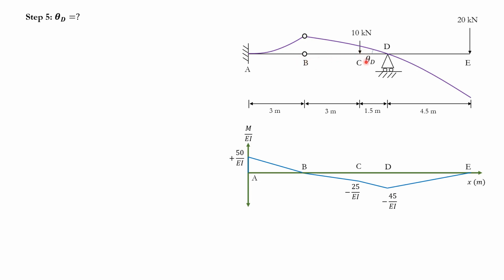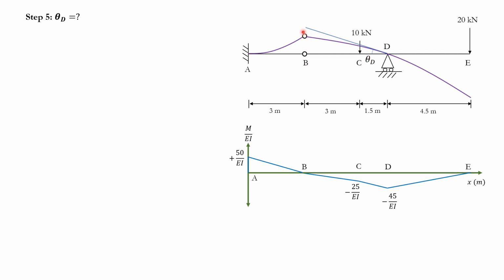This is theta D. As you see, the theta is facing the hinge, so that's the theta that you want to find. If I draw a tangent here, this would be the angle in this triangle, right? And what would be the value from here to here?